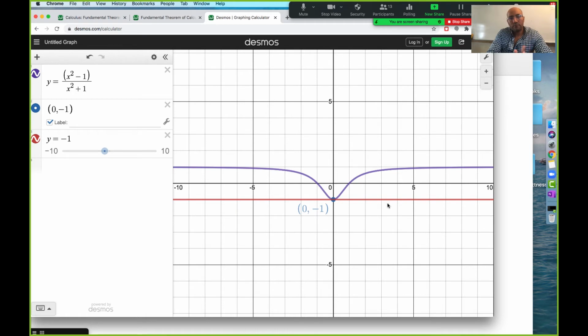Good. Any questions? And that's because the slope is 0. Right?